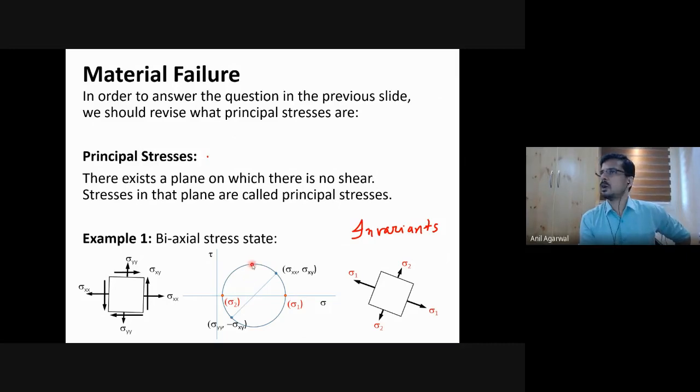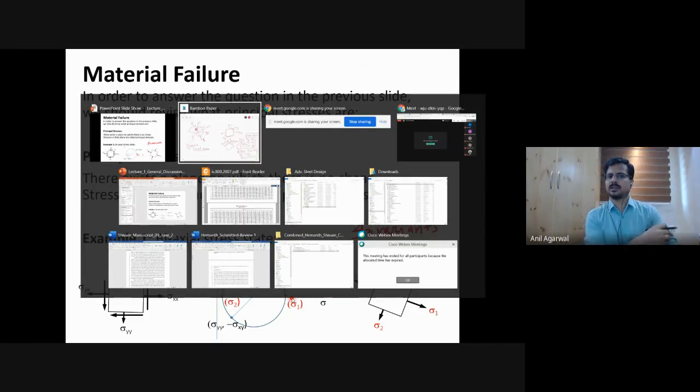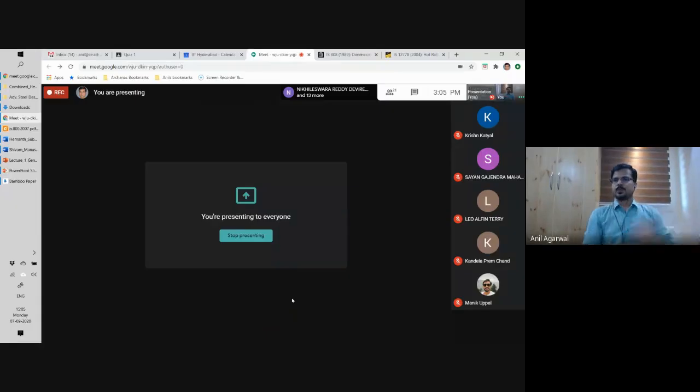And so will tau max. So that is why these things are called invariants, right? Because they uniquely define the stress state at that location. They don't vary with the angle, so to say. So principal stresses are one type of invariant. There are more types of invariants. Okay, I hope it is clearer now, right?